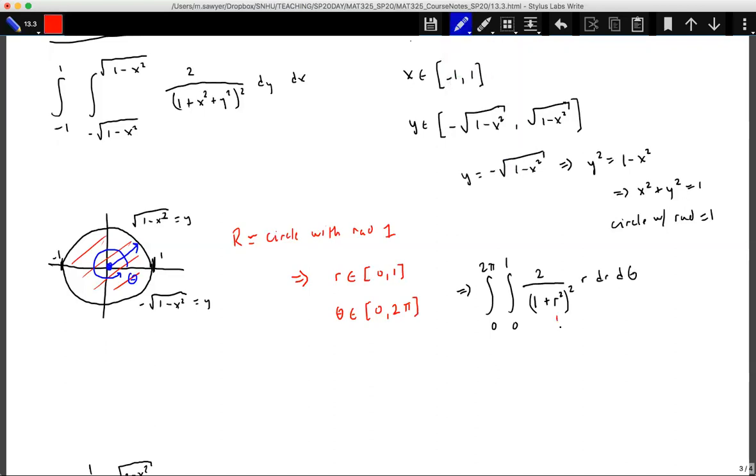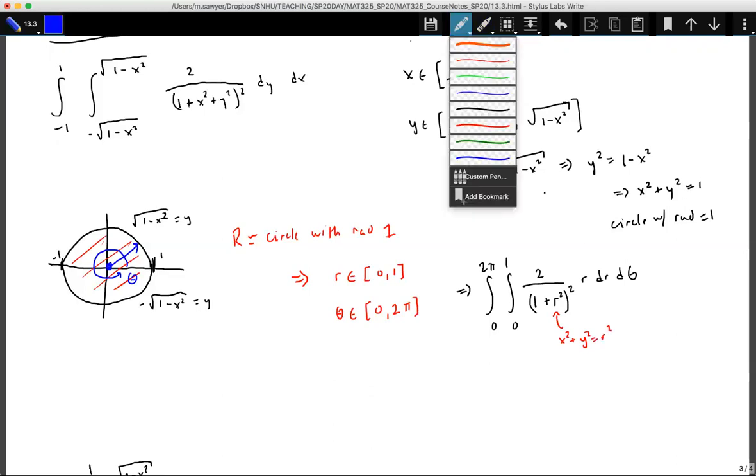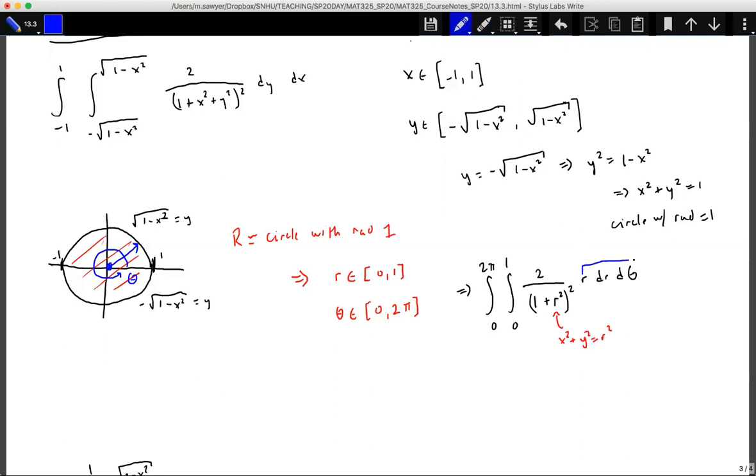Again, x squared plus y squared equals r squared is part of our properties for polar coordinates. This is our transformation, and our Jacobian is r dr d theta.